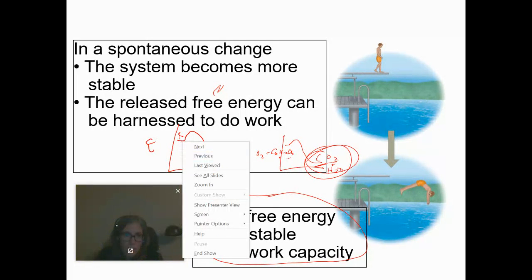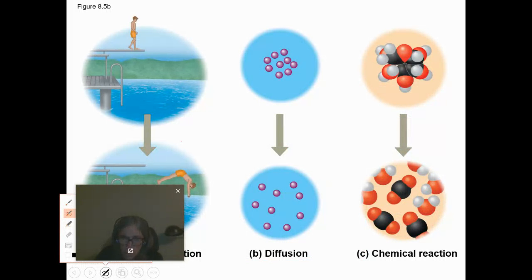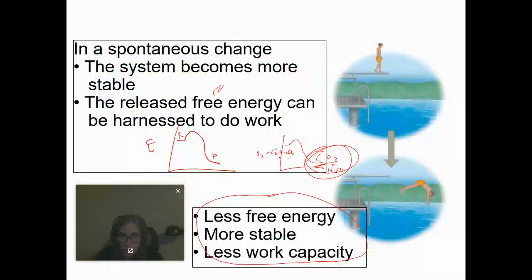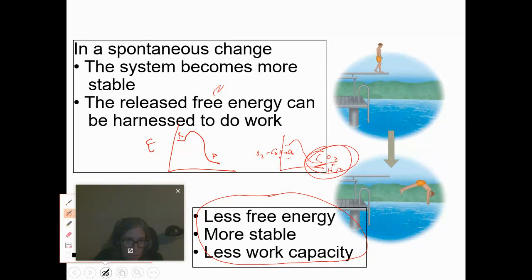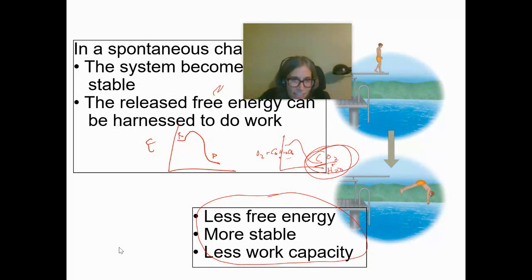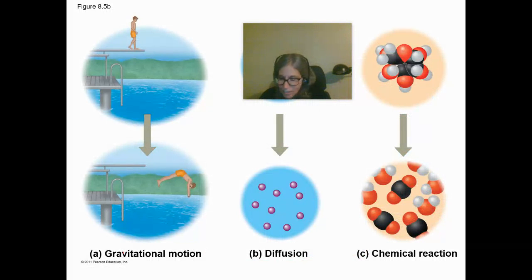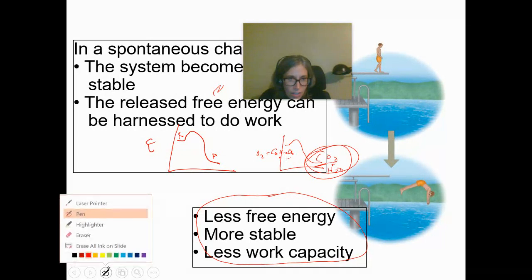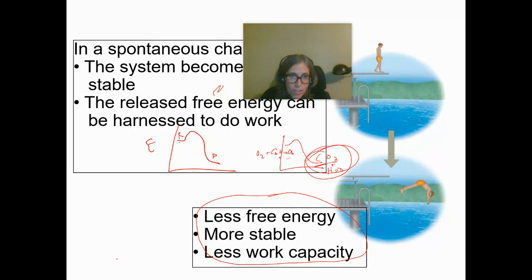The free energy is the amount of energy, that's this stuff over here, between the reactants and the products. This would be your free energy right here, and that's the amount of energy you can use to do work.